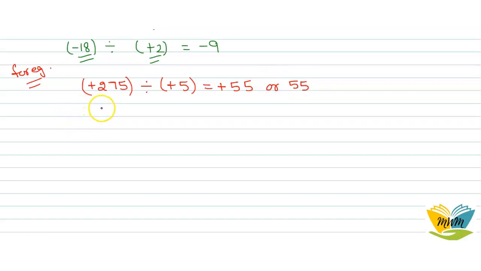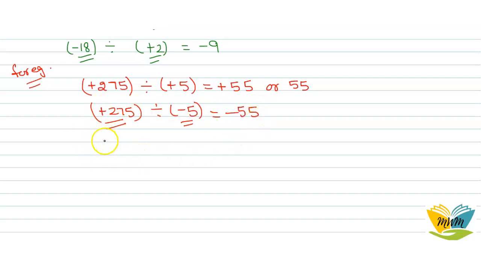Now, when plus 275 is divided by minus 5, we get the same answer 55, but here 275 is positive and 5 is negative. So by using the same rule as in the case of multiplication, plus and minus means minus.